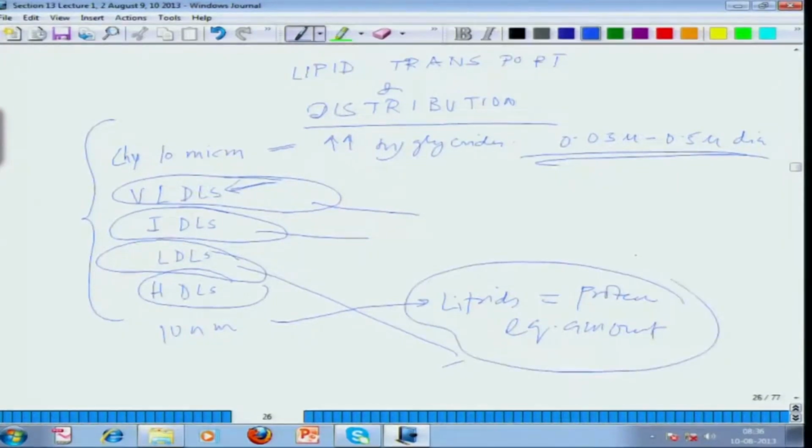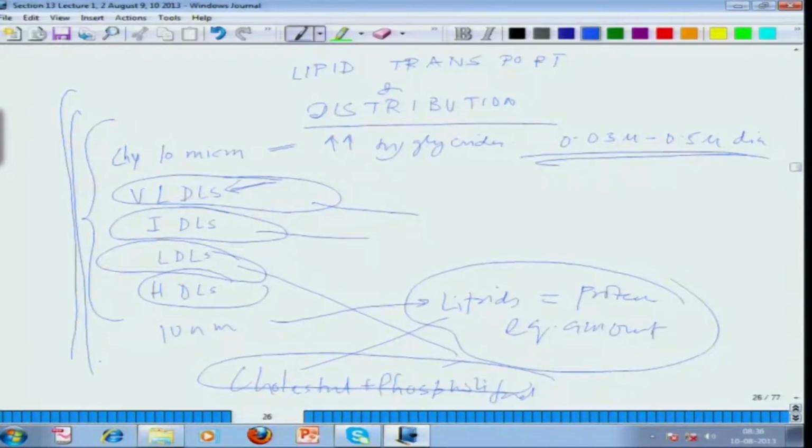They are largely cholesterol and phospholipids, and their primary function is transporting excess cholesterol from peripheral tissue back to the liver for storage. So, these are the different forms of lipoproteins.